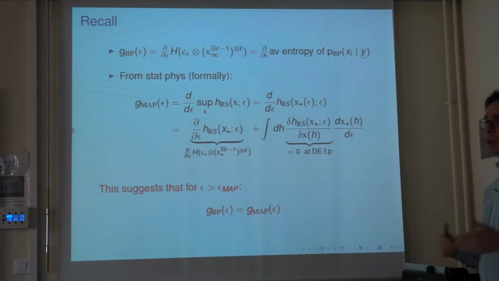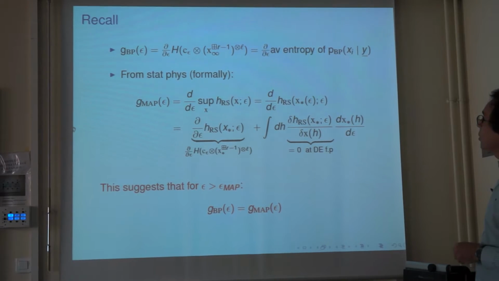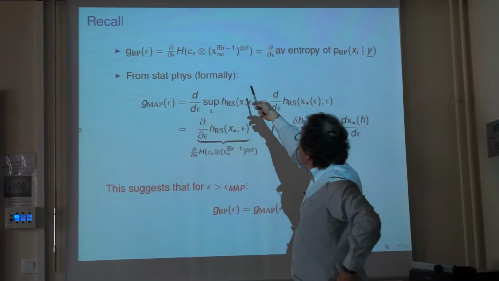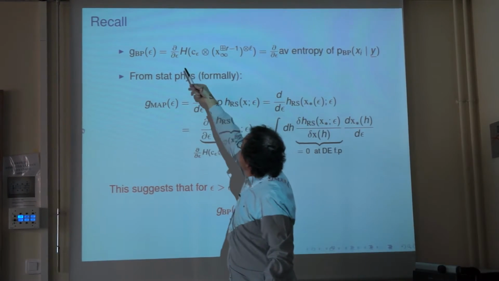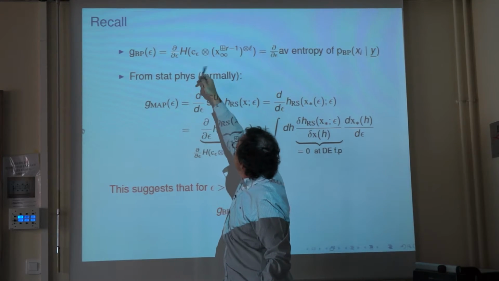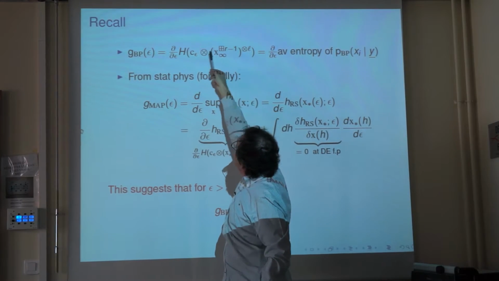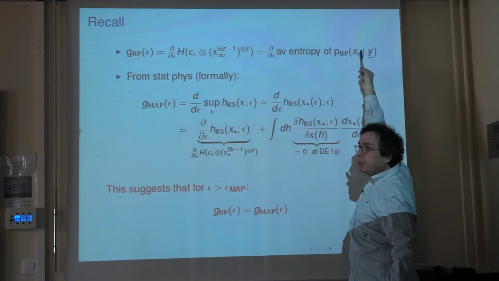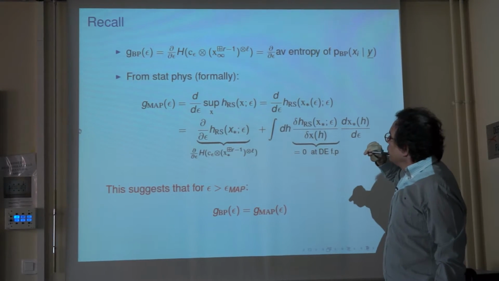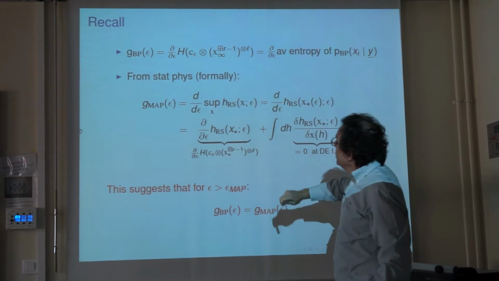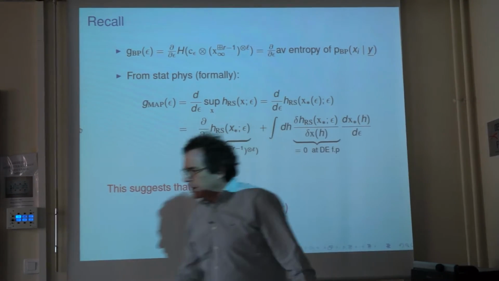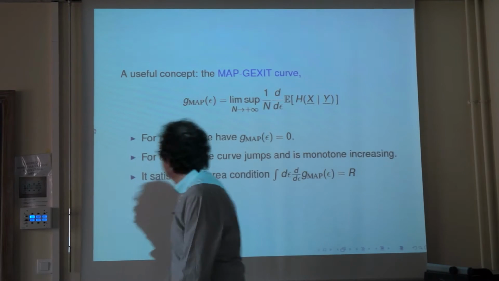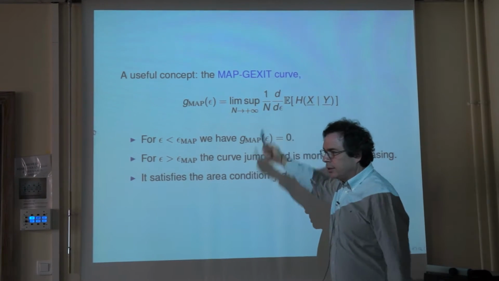I introduced two types of exit curves. The belief propagation exit curve, which is the partial derivative with respect to channel noise of the entropy of the BP marginal, the marginal computed by BP. And the other one is, well, the definition is that.